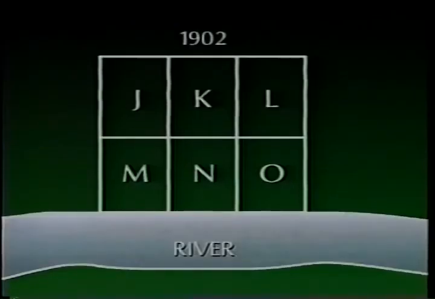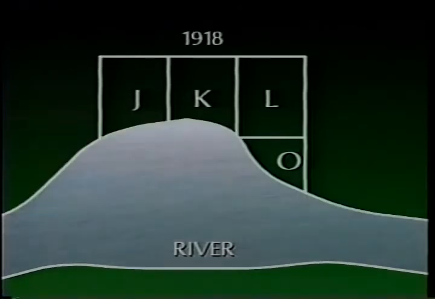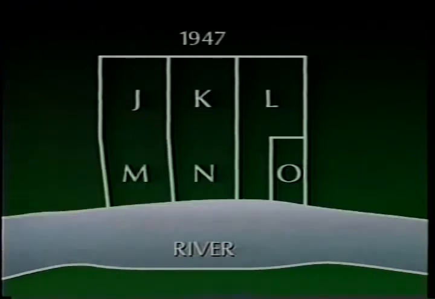Now, what about its effect on property lines? We have a case of a river, for example, that erodes away some property over a period of some years. And then the river moves back into almost its earlier location.